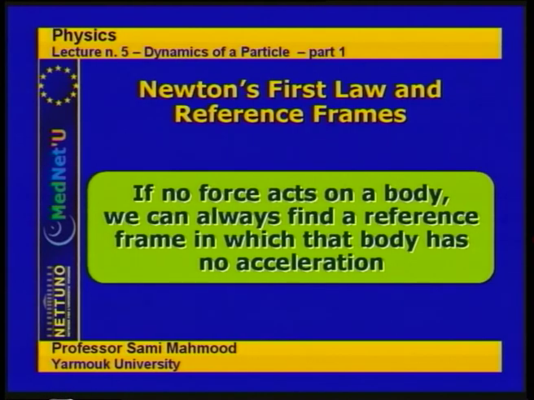So the first law of Newton can be rewritten as: if no force acts on a body, we can always find a reference frame in which that body has no acceleration. That is the inertial reference frame. So this is another way of writing Newton's first law.